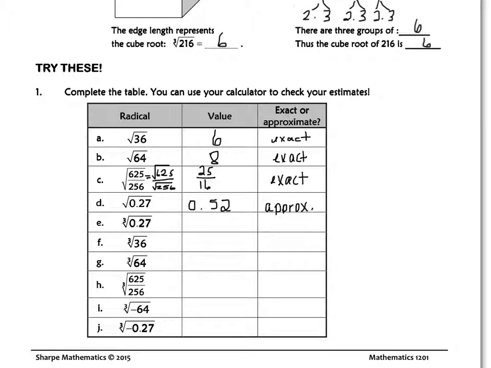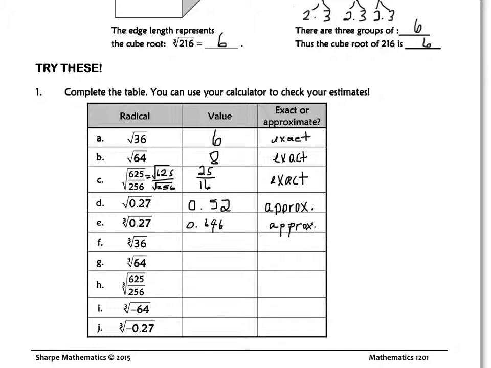And then the cube root of 0.27 would be 0.6446, around there. So that would again be approximate, because we're rounding that off.